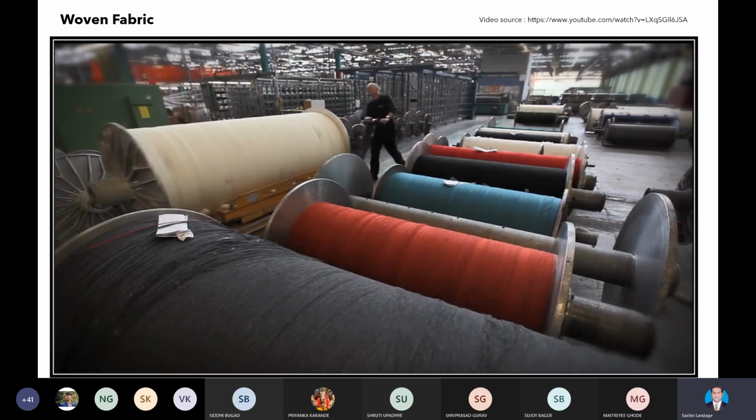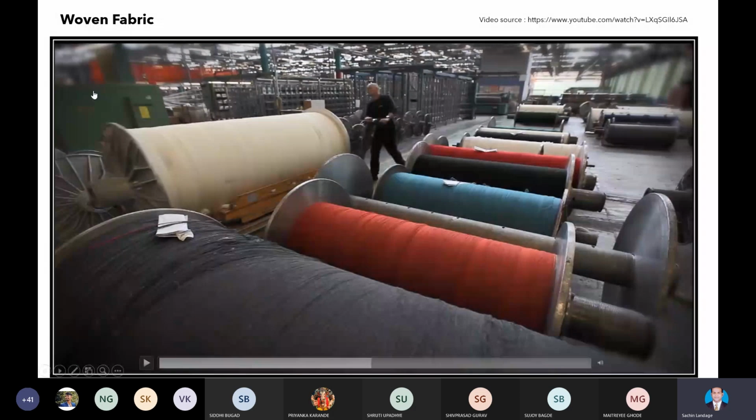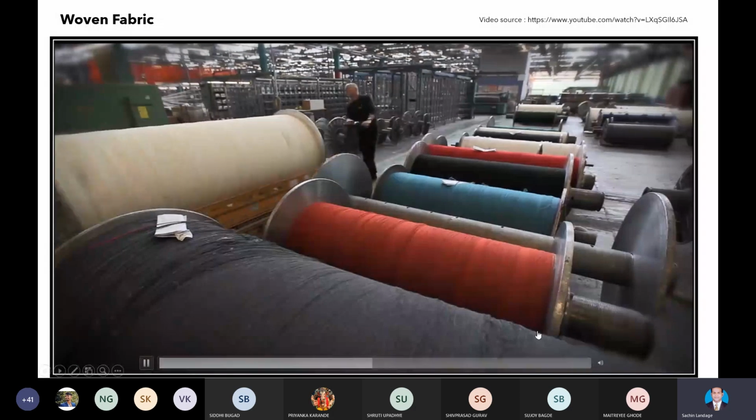That might be a plain loom or a shuttleless loom. You might have heard of Sulzer, air jet, and water jet looms. We use these for the manufacturing of the fabric.